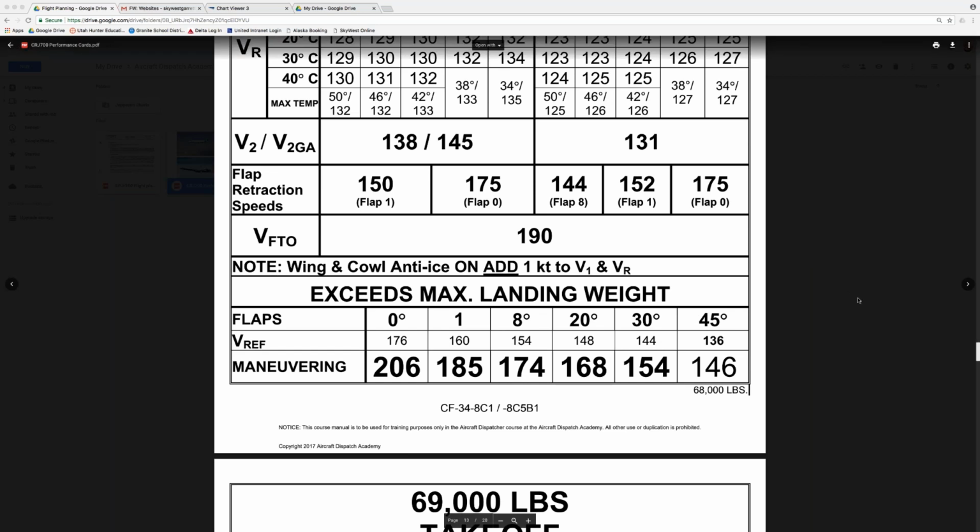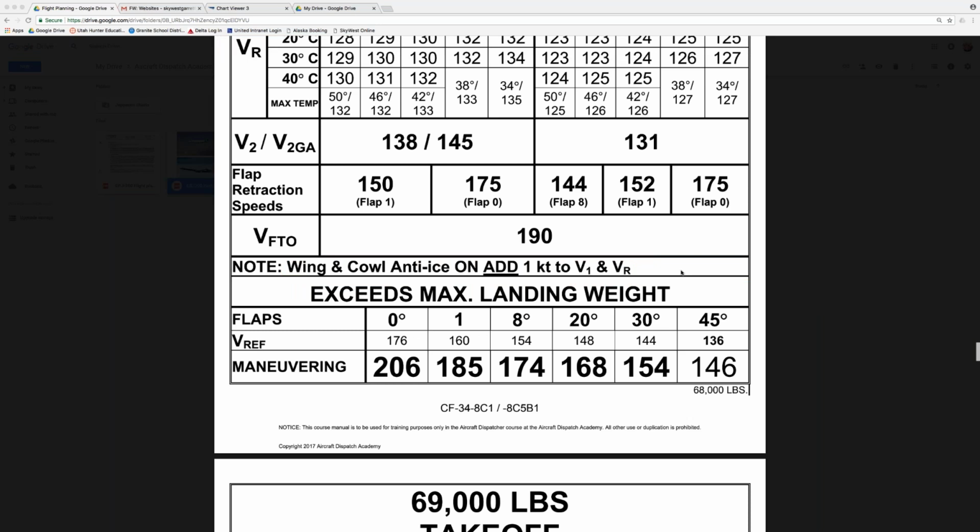No, sir. Now, when we're looking at this, we can see that when we have our wing and cowl anti-ice on, we need to add 1 knot to each one of our speeds, right? Why do you guys think that would be necessary for us to do?